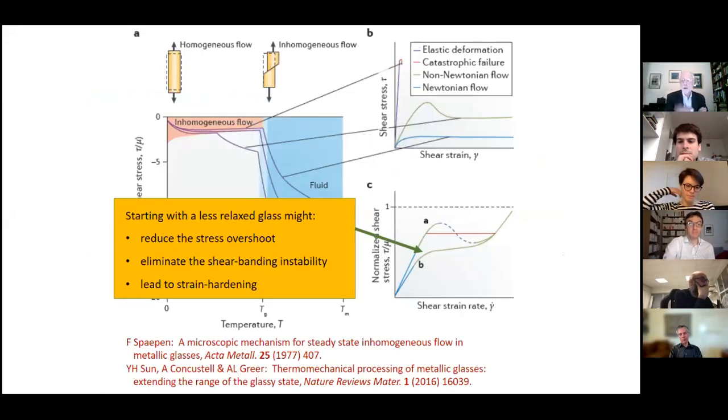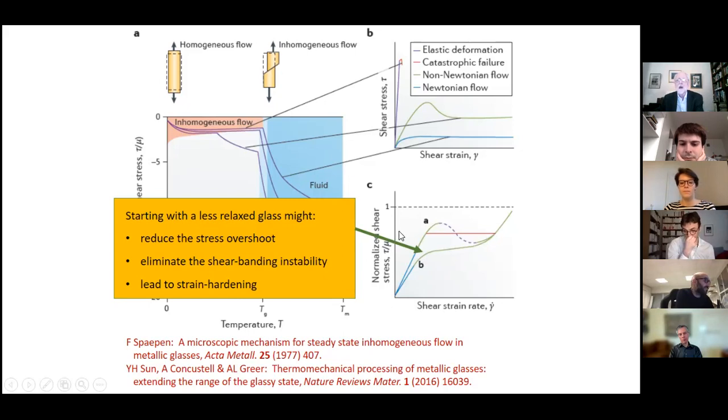What's the great hope? Well, the great hope is that if you rejuvenated the glass enough, you would eliminate this shear banding behavior. So in terms of this plot, what we saw before was a variation of stress with strain rate like this, the idea of having two values coexisting for the strain rate.